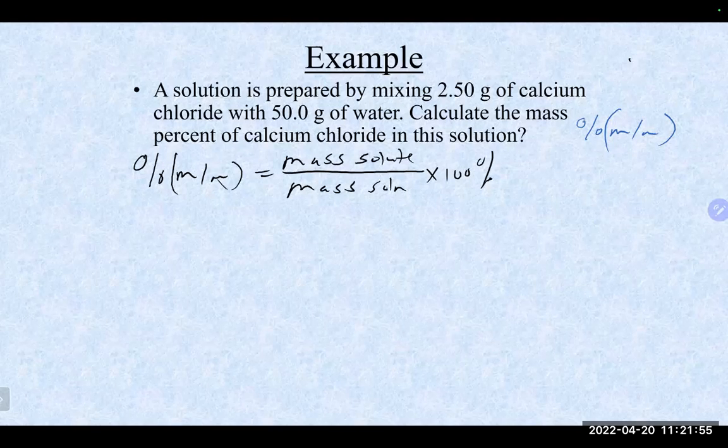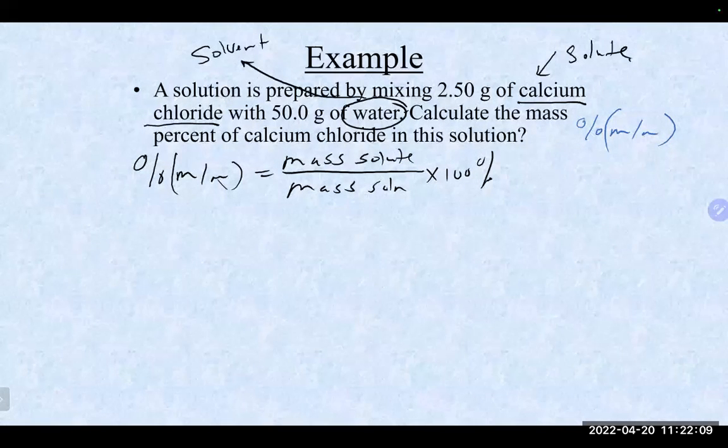Here, the calcium chloride is a smaller number than the water, and that is going to be our solute here. The water here is going to be our solvent, as it's the larger part. So we're going to put those together to make the solution. And since it's a calcium chloride solution, that's how you know also that the calcium chloride is the solute.